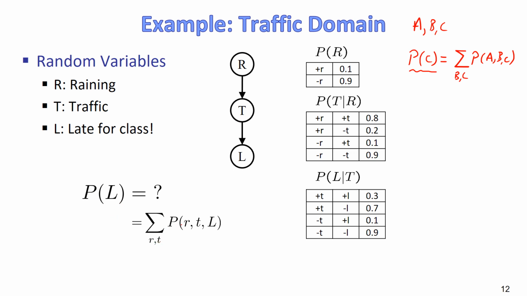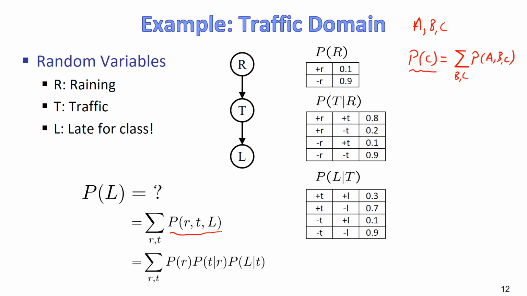Now, this is exact. I mean, this is the general case. We didn't use the fact that we have a Bayes net here. Once we know that this is a Bayes net, then we can express this joint distribution or this joint probability by the factors that we have. So we have P of R, P of T given R, P of L given T. And all of these probabilities are in the tables here.